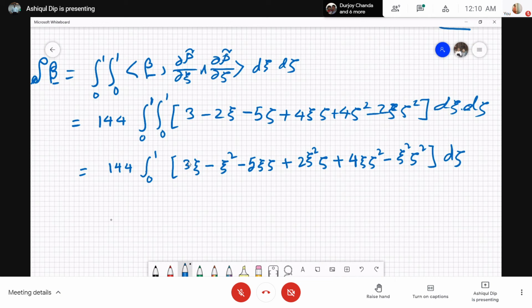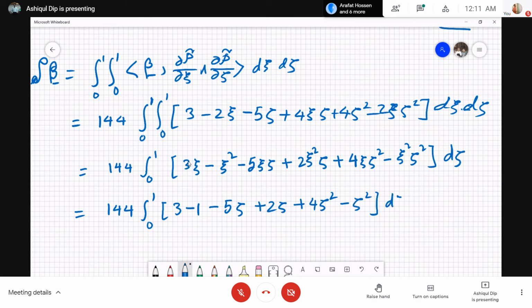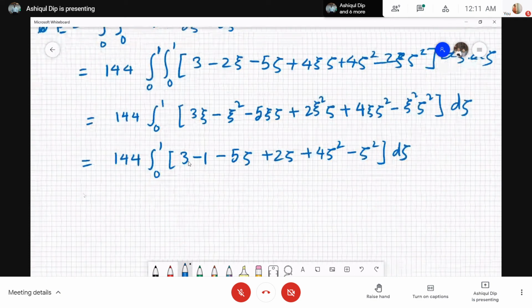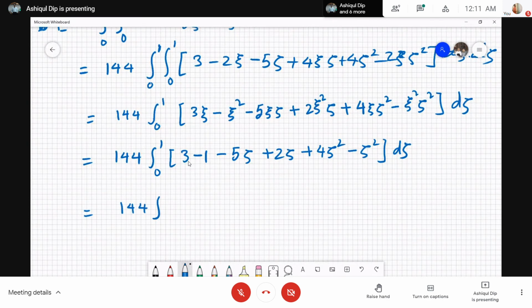So you get 144 with the substituted upper limit: 3 times 1, which is 3, minus 1, minus 5 zeta plus 2 zeta plus 4 zeta squared minus zeta squared. Simplifying, you get 2 minus 3 zeta plus 3 zeta squared, d zeta.